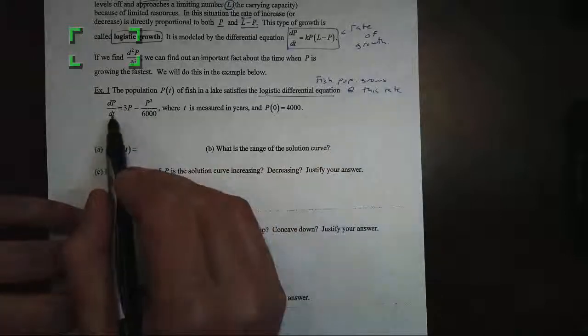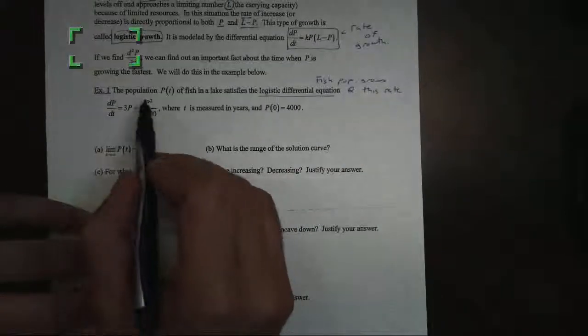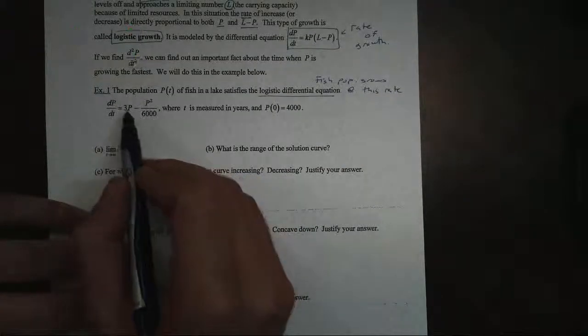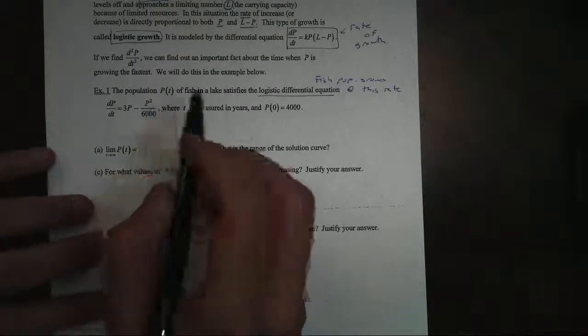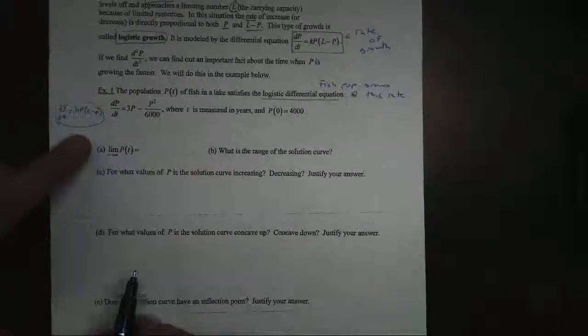So they're telling me that the fish population will grow at this rate for any given P. Now, I want this in this form: dP/dt equals kP(L minus P). I want it to be in this form right here.